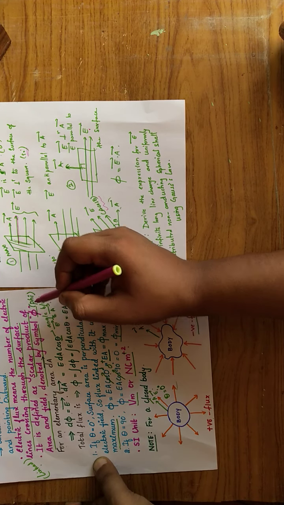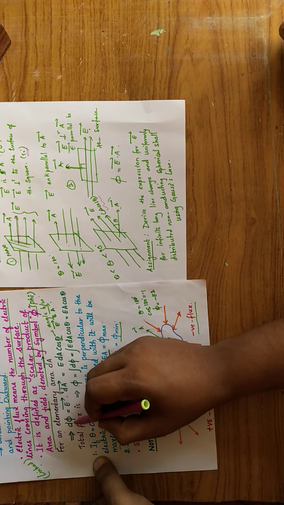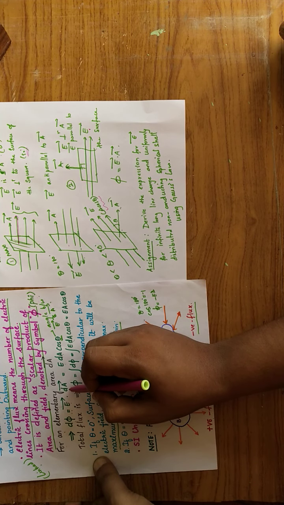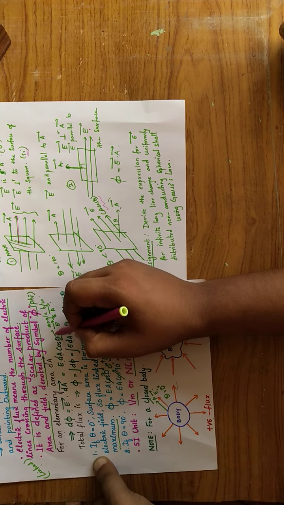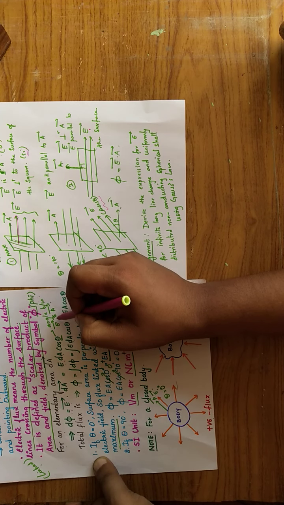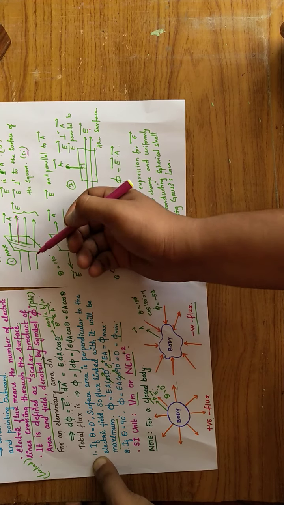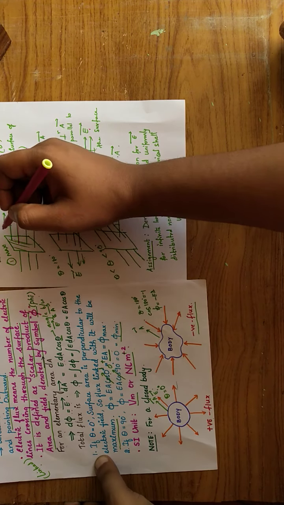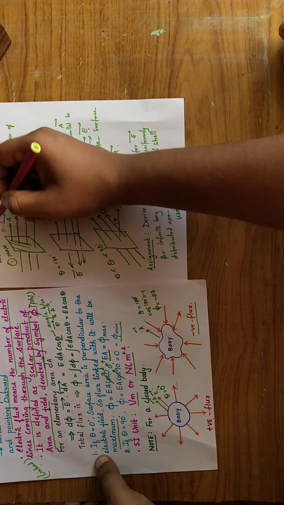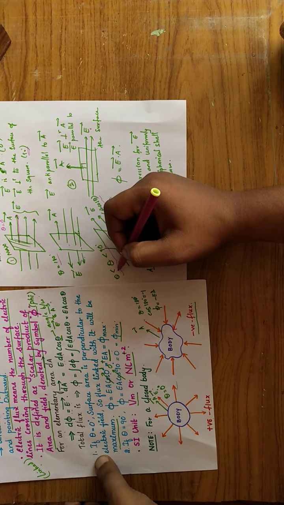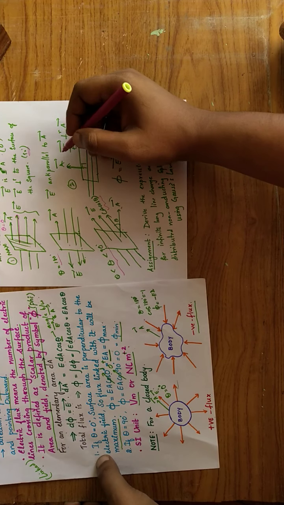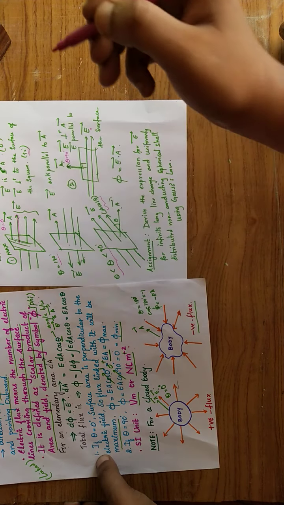Okay, phi. So for an elementary area, d phi equal to E vector dot dA vector, which is E dA cos theta. Theta is the angle between electric field and area vector. Okay, so in this case theta will be 0 degrees, in this case theta will be 180 degrees. Here theta can vary from 0 to 90. Here theta value is strictly 90 degrees.